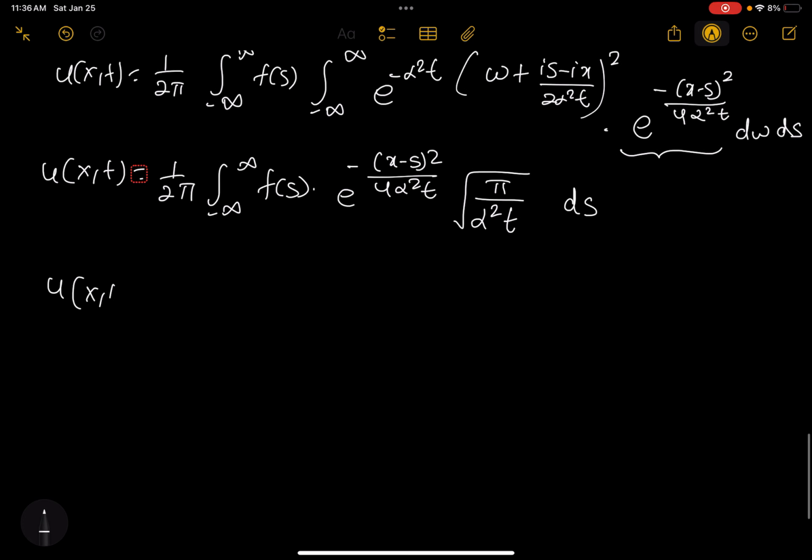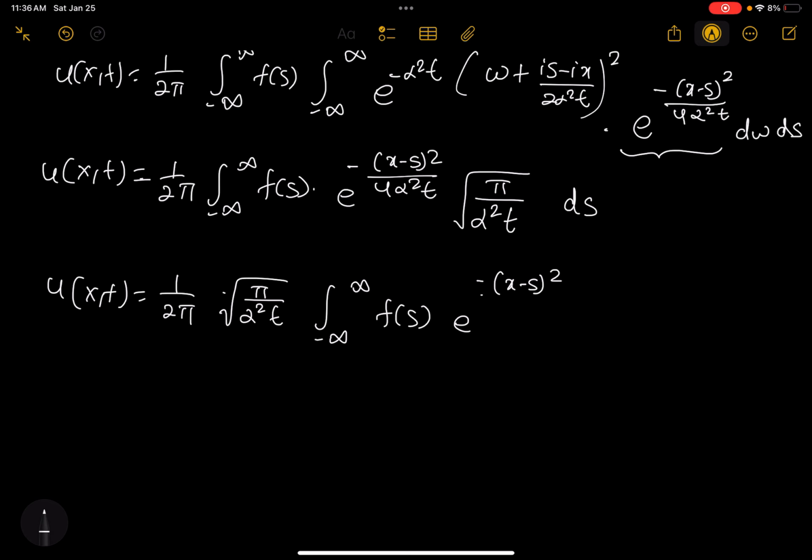So u of x comma t is 1 by 2 pi, and if that comes out, that's just root pi by alpha square t, integral from minus infinity to infinity of f of s e to the power minus (x minus s) square by 4 alpha square t ds.